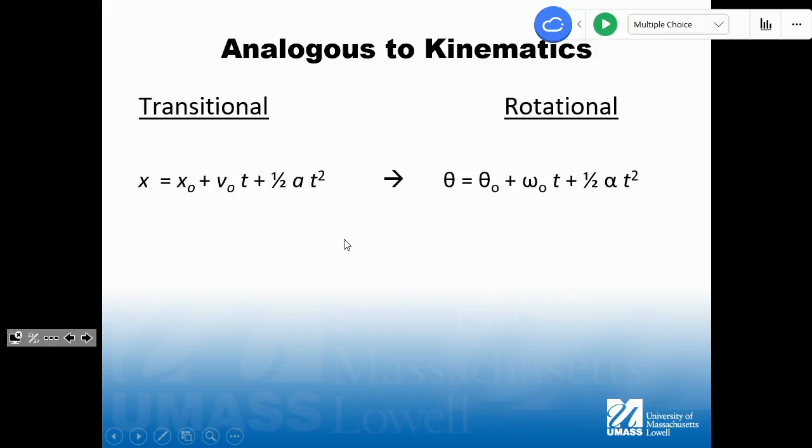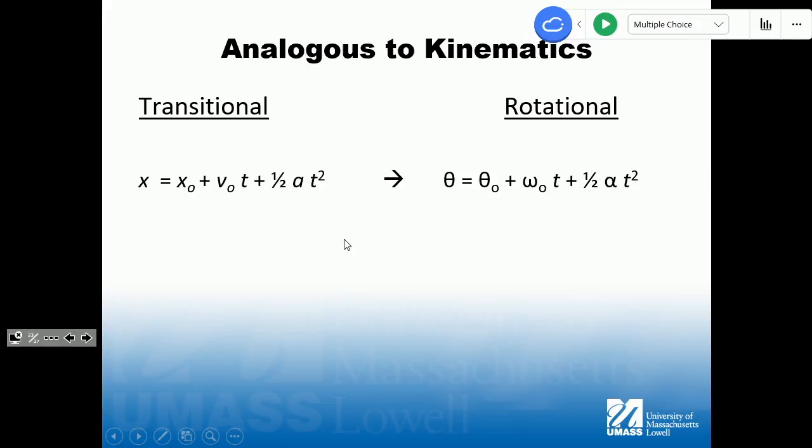Okay, so we have our analogs to kinematics. We had kinematic equations describing how the kinematic properties, displacement, velocity, and acceleration relate to each other. Just like that, we have a rotational analog for kinematics. This is now talking about an object that is undergoing uniform angular acceleration, like a ceiling fan spinning up or spinning down.